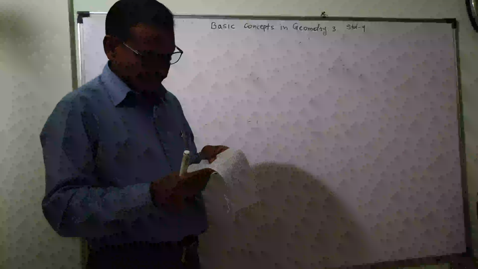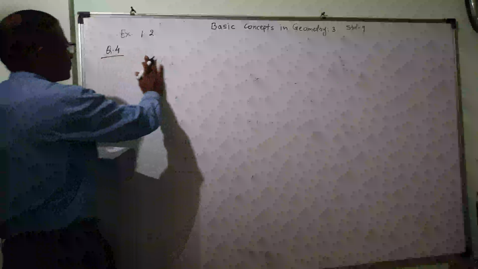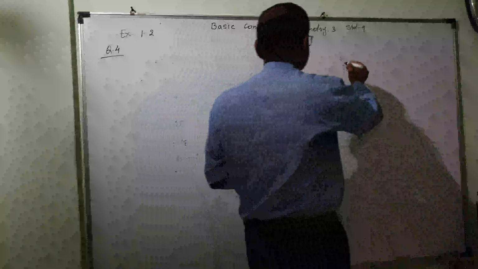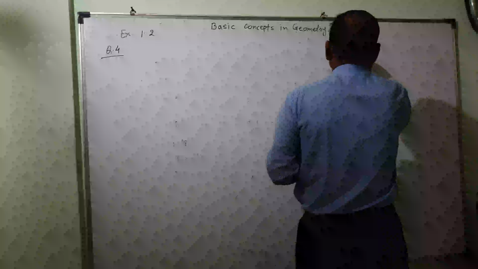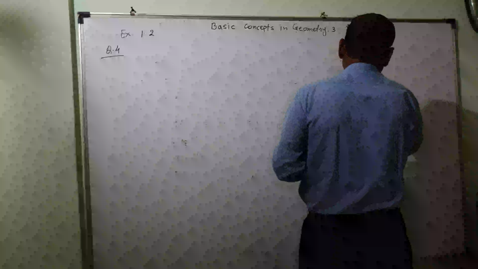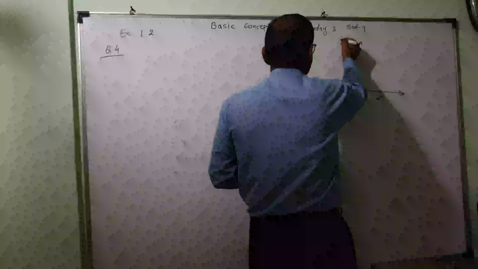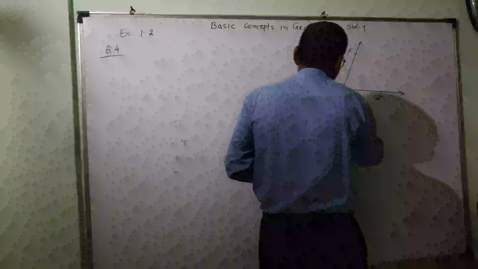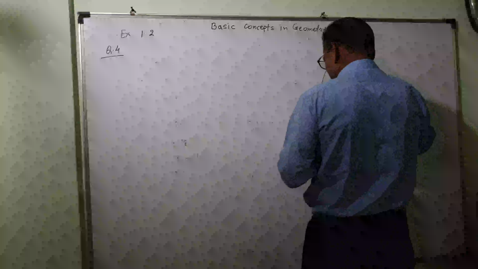Now question number 4. This is X, this is Y, this is Z. This is an angle, and next to it there is another angle. The sides are parallel.